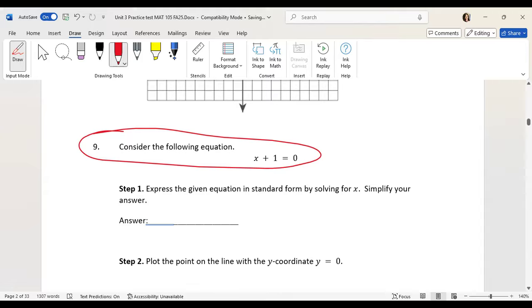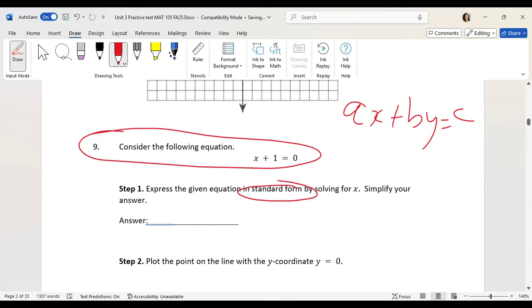So first of all, let's rewrite this equation in standard form as they asked us to do. The standard form of a linear equation is Ax plus By equal to C. So Ax, this time, I have 1x.